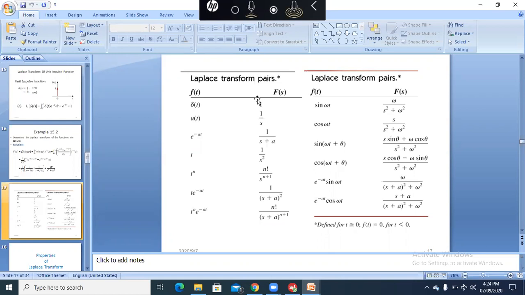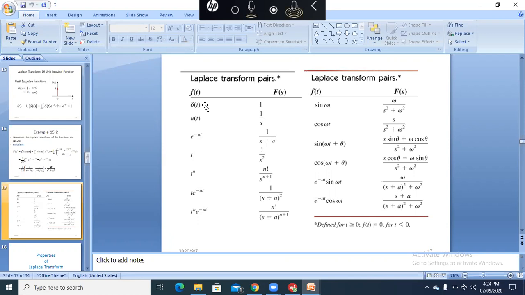If we want to take the inverse Laplace transform, we can take the inverse Laplace transform from 1 to delta of t and 1 by s to u of t. In this way, we can take the inverse Laplace transform. Also, we can take the inverse Laplace transform by this method.